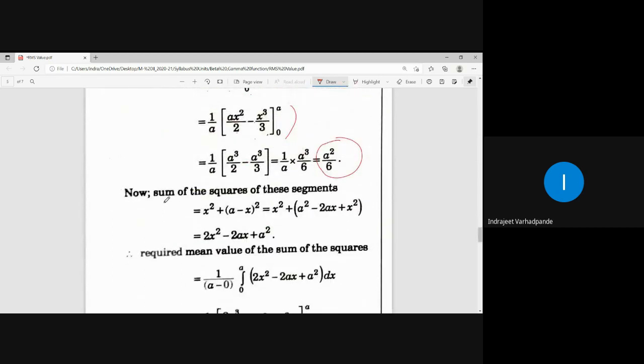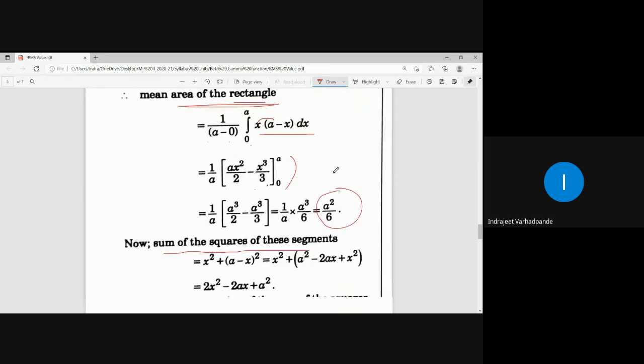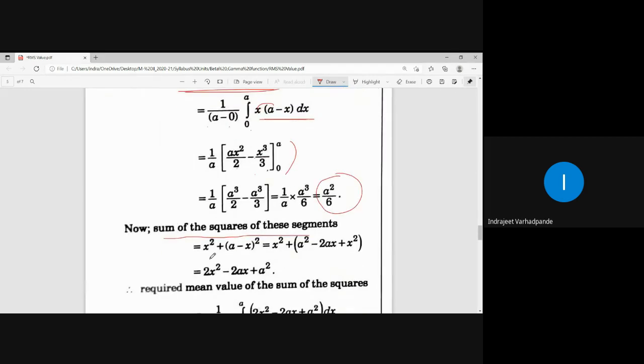Secondly, the sum of the squares of these two segments. What are the two different segments we have got after converting the rod into the rectangular shape? One segment or part is x and another part is a minus x, right? So sum means plus of squares. So take the individual squares of these two parts and add them.